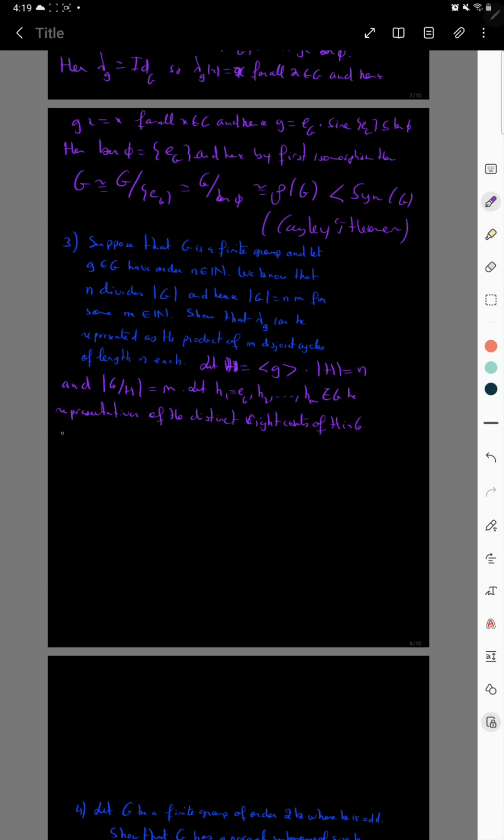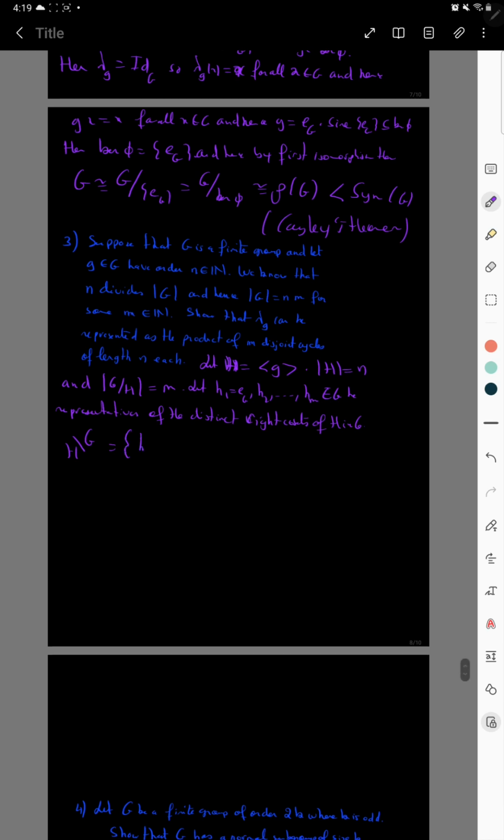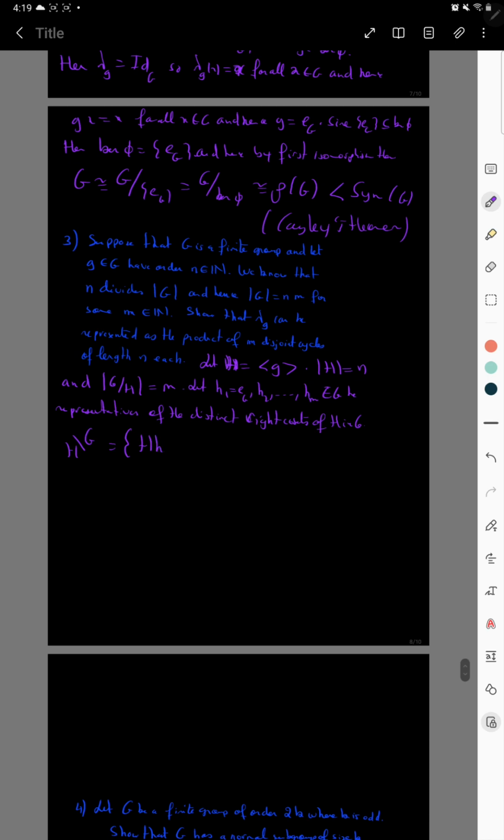This is the notation I used for the set of right cosets. This is just HH1, which is just H because H1 is the identity, HH2 up to HHm.